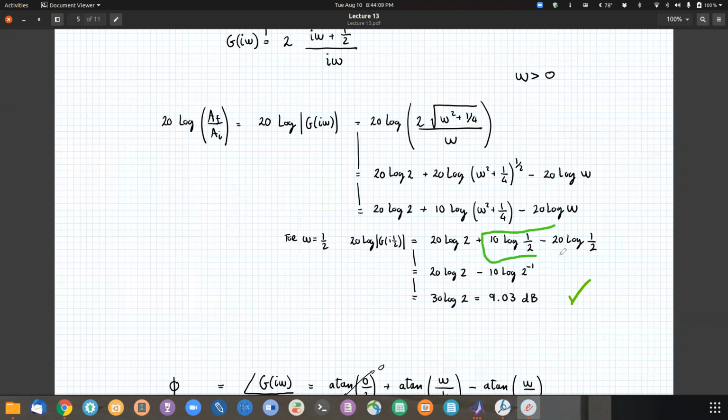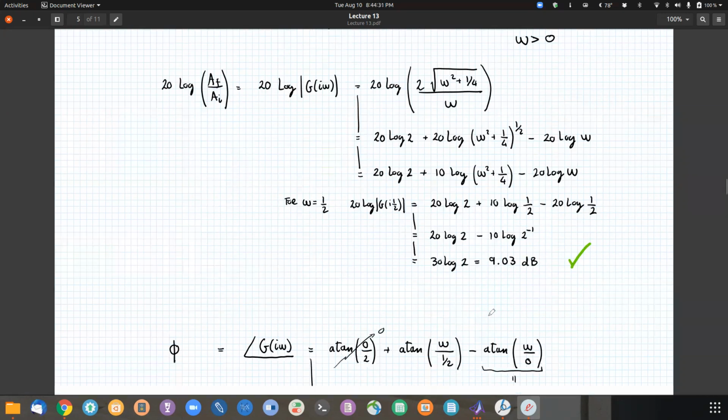So these two terms will just reduce to minus 10 logarithm of 1/2, which is also 2 to the power of minus 1. And so we are left with 30 logarithm of 2, which is 9.03 decibels. That's exactly what we were expecting.